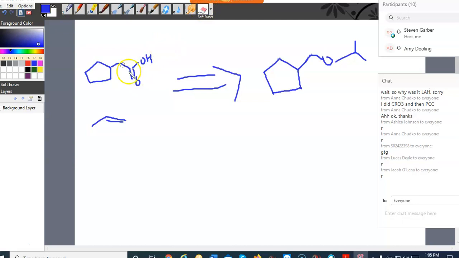Now when I have two different compounds, it's basically two different mini synthesis problems. Here, I'll show you how you should think of it. This compound, you'll have to do a few reactions to it to form something.